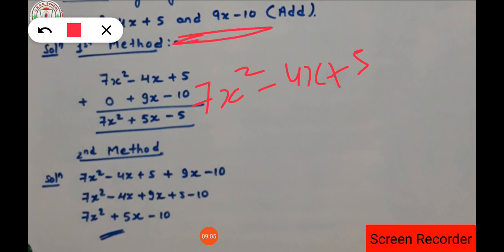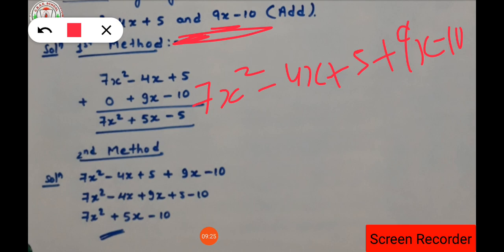In place of 'and', we are going to put plus. Then again the expression is plus 9x. Plus and plus will be plus itself, so plus 9x will be the same. Then minus 10 will be there.